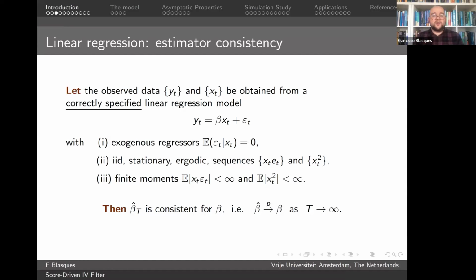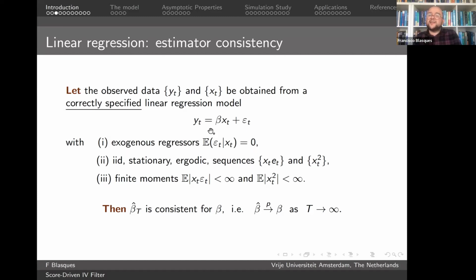There are several ways of approaching consistency here, but one possible way, if we think of a least squares estimator for beta, is to look at the formula for the least squares estimator and figure out that we need a few conditions, or at least a number of sufficient conditions that will ensure consistency. These conditions are typically that the model is correctly specified, so that y_t is actually generated by this equation. This is the data generating process for y, as it's stated here.